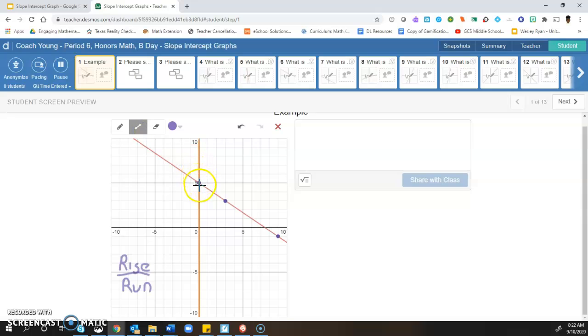I'm going to take a line from here to here, and I'm going to show my rise over run. I know these are 2 different things, but you can see the same rate of change. So here I go down 2, so that's a -2. And I go over 1, 2, 3.